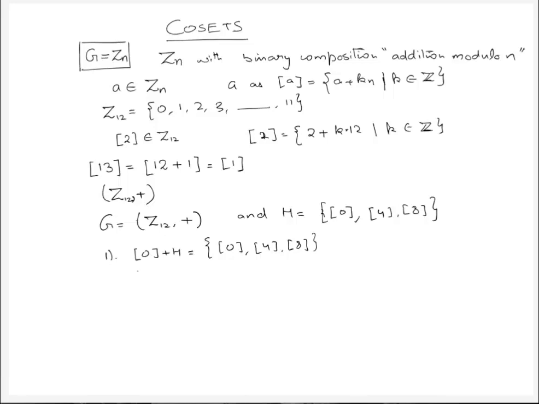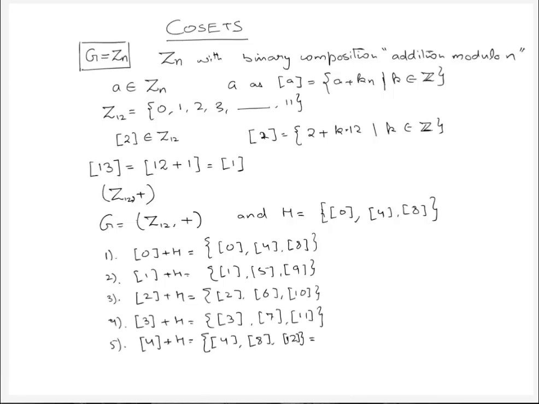Another left coset, 1 plus H, will come out as 1, 5, 9. Continuing in this manner, we have a coset 4 plus H, that is 4, 8, 12.